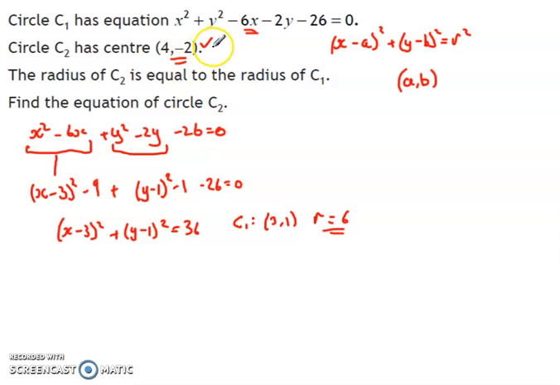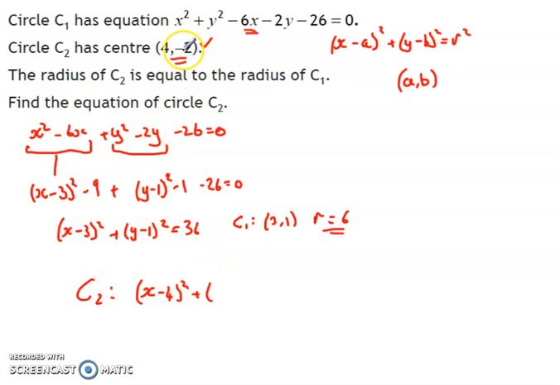So now I have the centre, I also have the radius, I can just simply write down my equation for circle 2. The equation is given by x minus a squared. Now a comes from the x part of the coordinate, so that's going to be x minus 4 squared. It's then going to be plus y minus b squared.